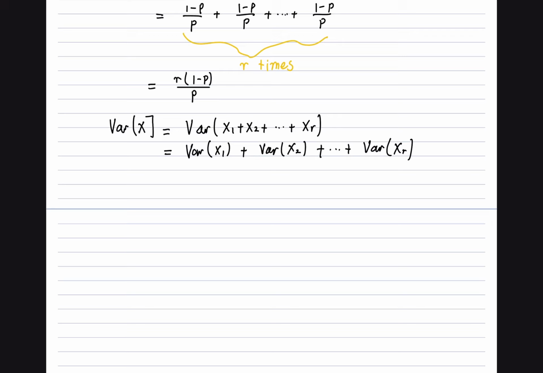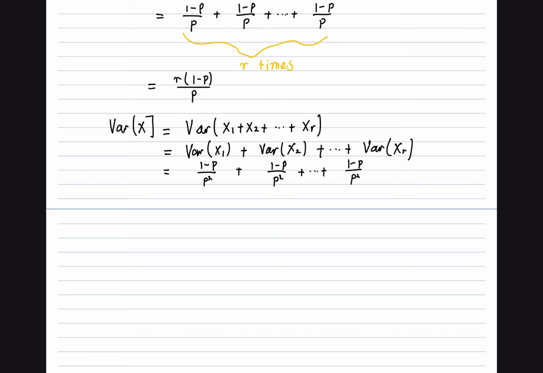So keeping that in mind, we note that the variance of a geometric distribution, which we've derived before, is just 1 minus p on p squared, plus again 1 minus p on p squared, plus dot dot dot, plus 1 minus p on p squared.